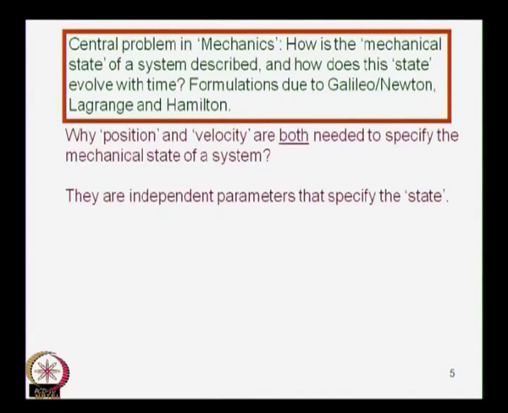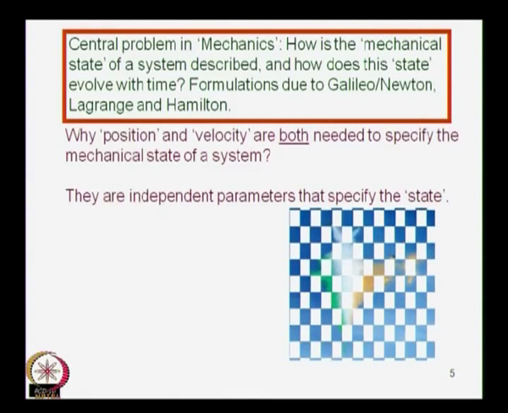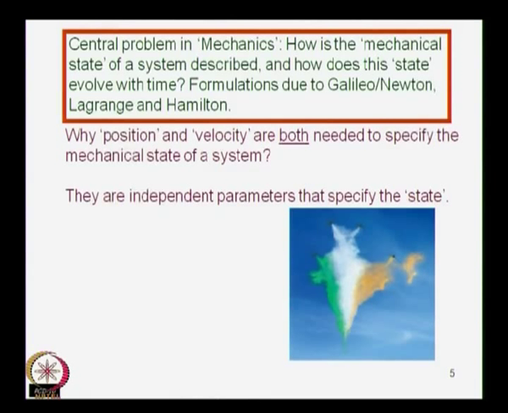And these in fact are definitely completely independent of each other. And to understand that, have a look at this lovely picture of the Indian map generated by the Indian Air Force. It is a beautiful spray of colors, and I want you to imagine where Chennai is.